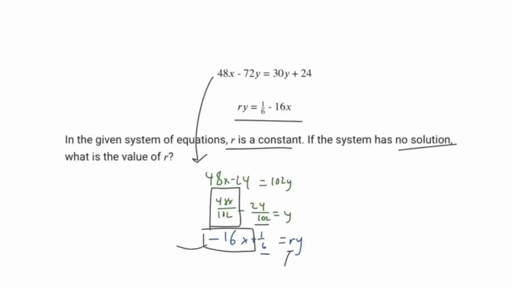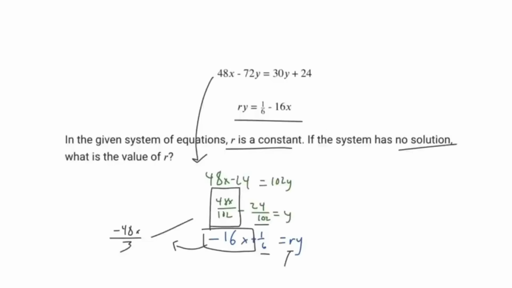Another thing to note here is that negative 16x can be rewritten as negative 48x over 3, which is the exact same thing as negative 16x. Now we can see the direct comparison between negative 48x over 3 and 48x over 102. From 3 to 102, what value is that? That value is 34.